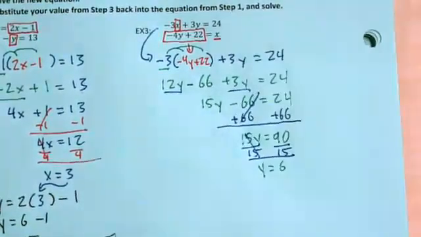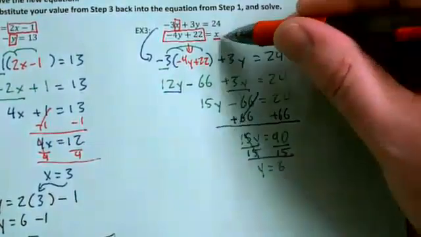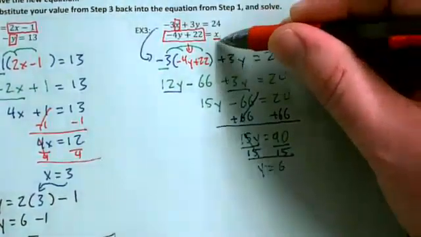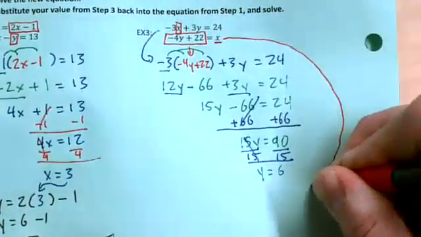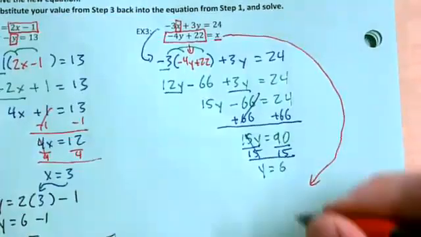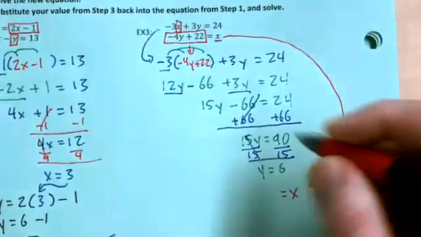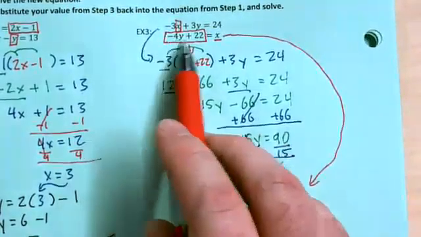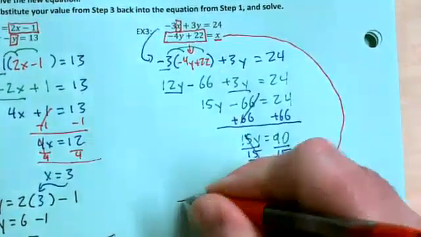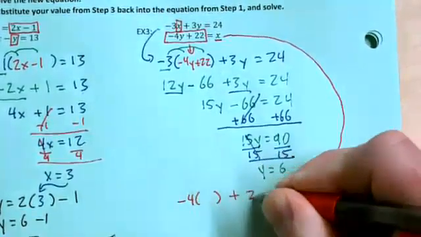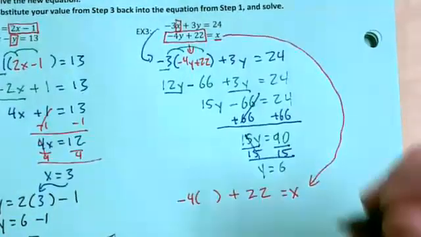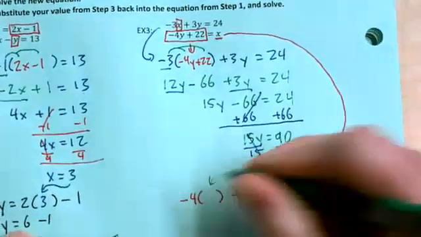So I'm looking back at my original equations. And I actually think this second one's going to be easier because it's already got x by itself. So I'm going to bring this down and rewrite it. It's got x equals, and then over on this side, it's negative 4y plus 22. I'm leaving the y out though, right? Because I already have a number for y. So we'll take that value of y that we just found and put that in there.